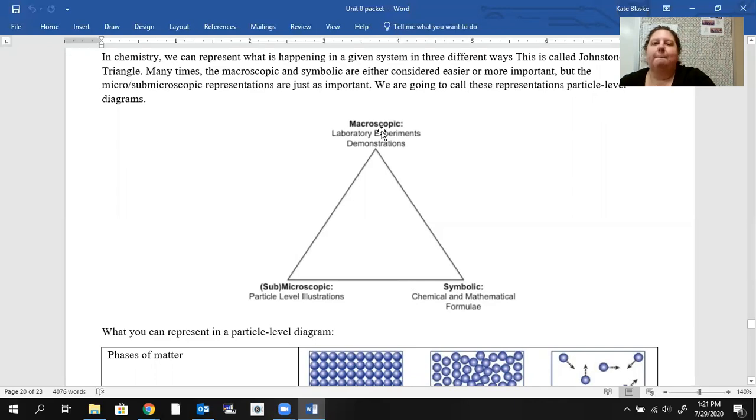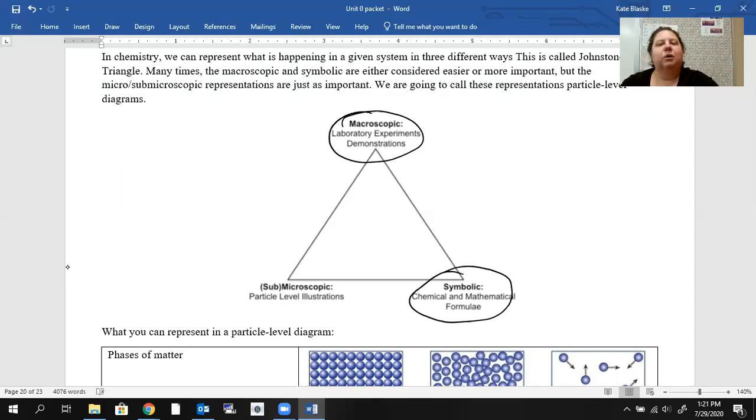So there is the macroscopic, the microscopic, and the symbolic. Macro means big, so macroscopic explanations or definitions for things are what we can see with our eyes. The examples given here are laboratory experiments or demonstrations. Symbolic is what we do a lot.